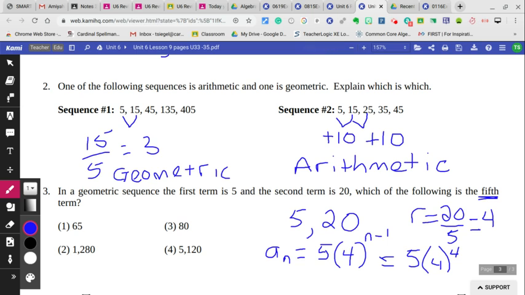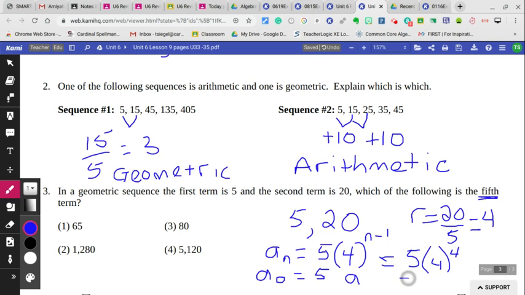So a sub 0 is going to be the initial one, which is 5, right? The second one is to the first power, which is 4. So it's 5 times 4, which is 20, right?